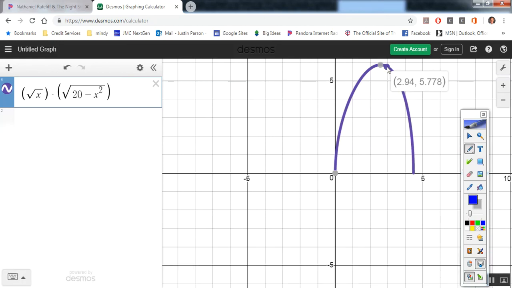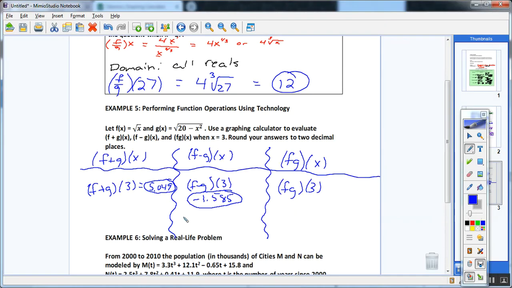So right in here about. If you see it, remember it. Got it? Okay, I can't remember. 5.745?